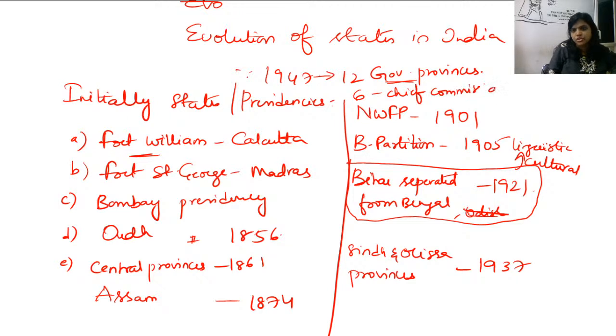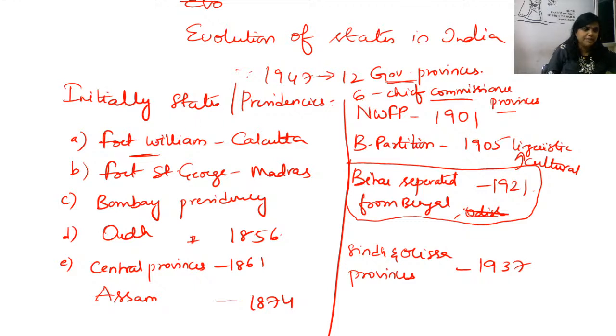The chief commissioner is more like a lieutenant governor, like how you have a lieutenant governor for the union territories now. So in 1947 we had 12 governor provinces and six chief commissioner provinces.